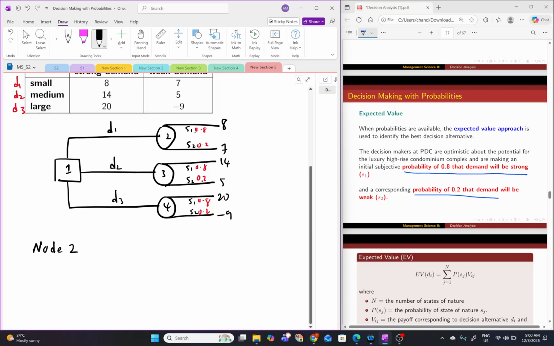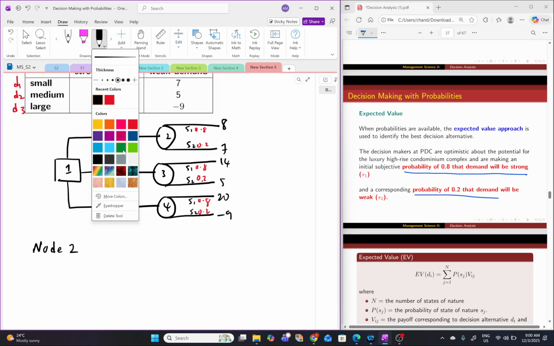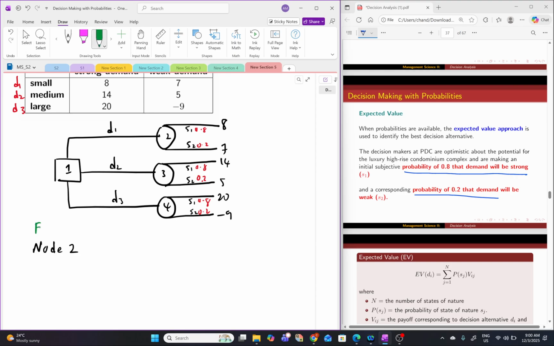Node 2 means here we want to compute the expected value.